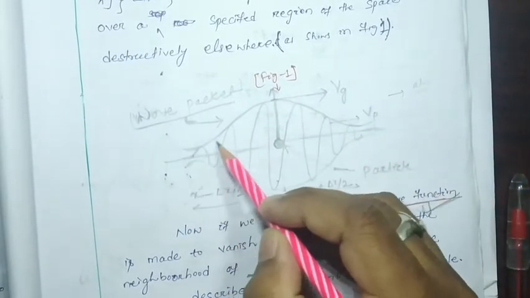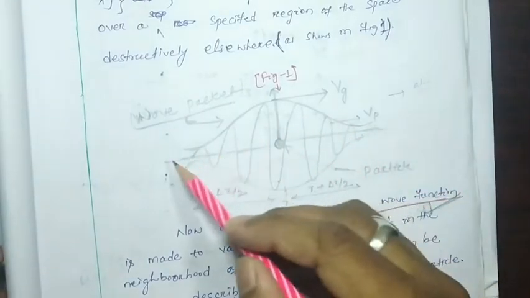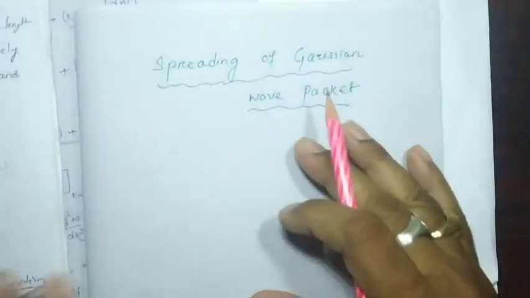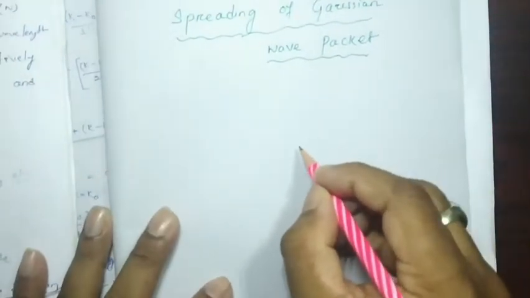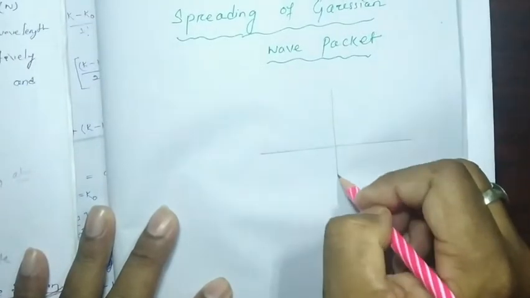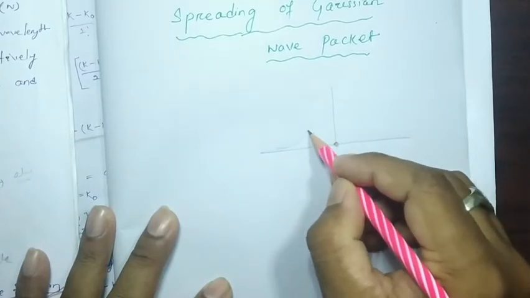If I consider only the real part of this wave packet, it will look like this, which I am going to draw over here. The particle will be here and its real part will be like this.